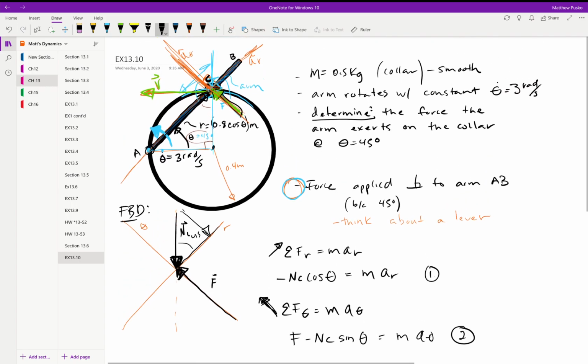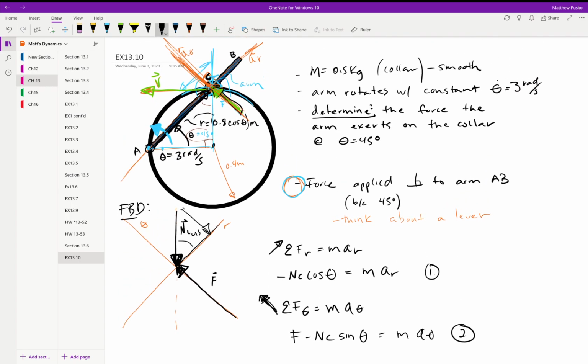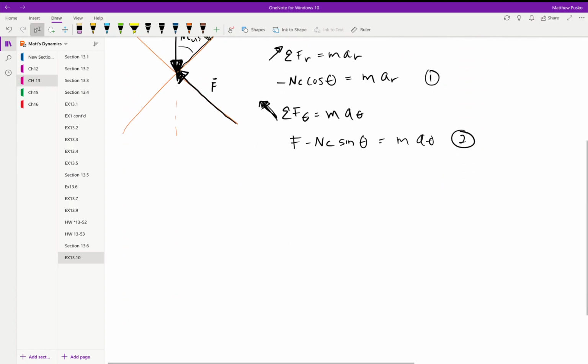Now they did give us a radial function of theta that gives us the position of the collar at any instant. So I'm going to copy that back down. It is r equals 0.8 times the cosine of theta. Typically, if we see this, let's go ahead and take derivatives.